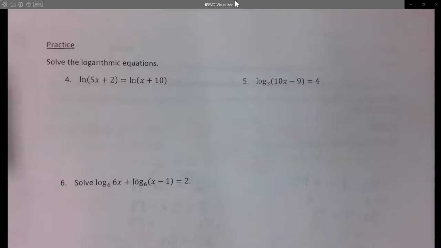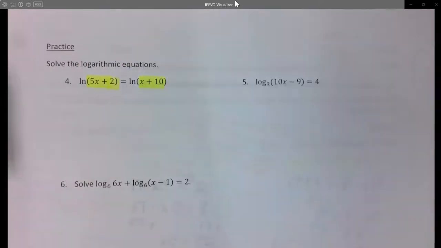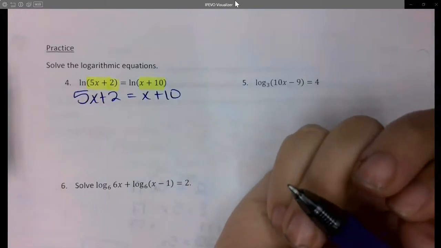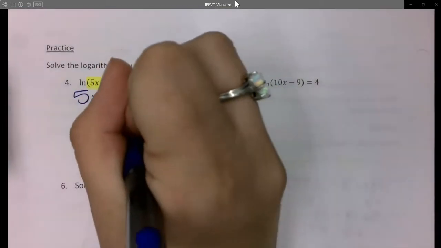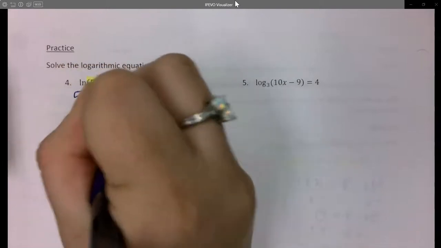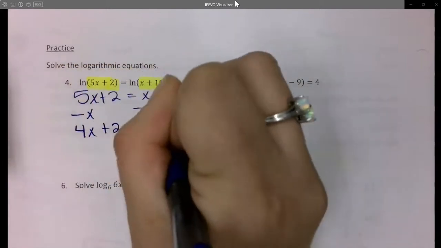Okay, so on number 4, because it's just 2 of the same on both sides, I can go ahead and set these equal. I am going to have 5x plus 2 equals x plus 10. Then I want to go ahead and subtract x on both sides. This gets me 4x plus 2 equals 10.